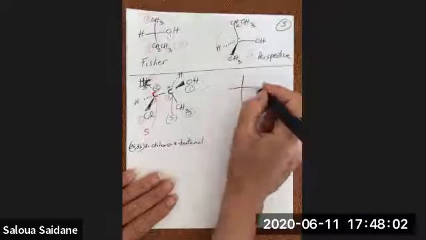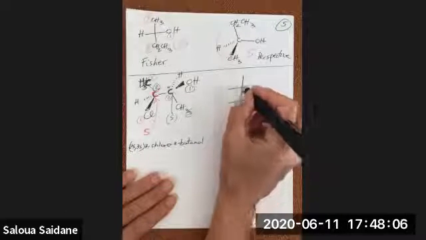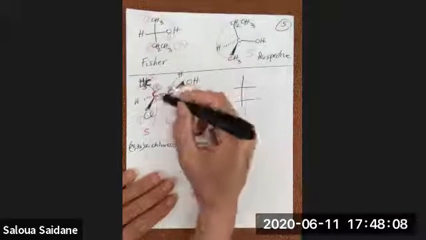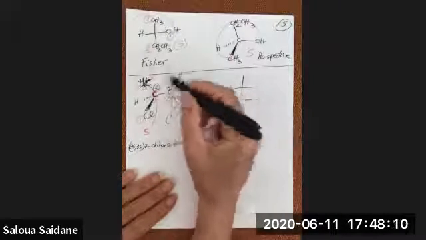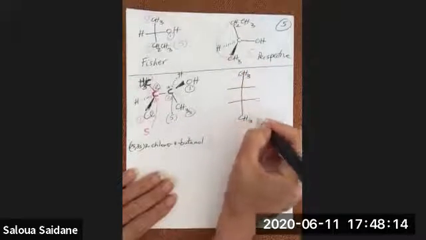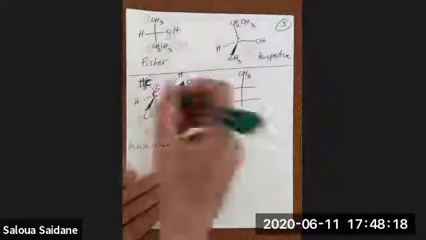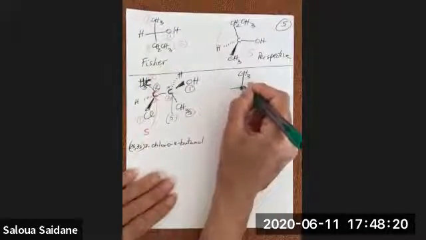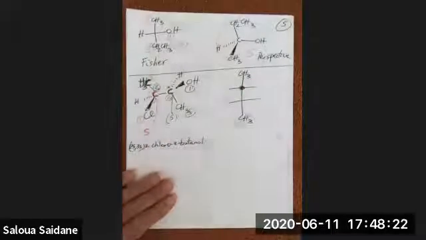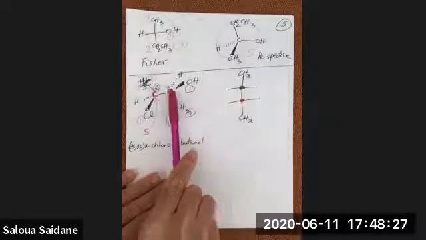You have two chiral carbons. Every intersection is a chiral carbon. So what you can do is put the longest chain, CH3, CH3, and I can call this my green one right here, and the pink one is here. So what's on the green one?